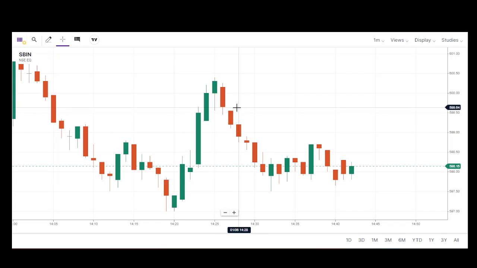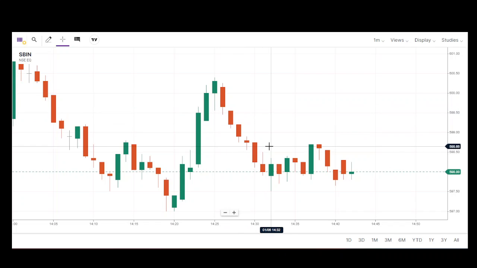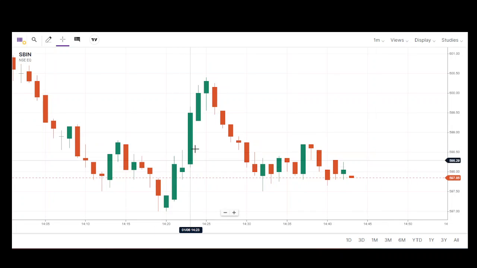No, why did it open below this? It can happen while coming down, and it can also happen while going up. You see here, it opened here and closed here, but the next did not open here. It opened above. There is a gap here. Why? Let me explain for the bullish, green candles.